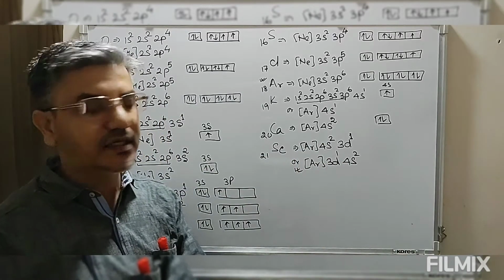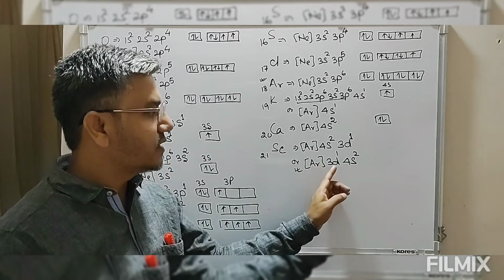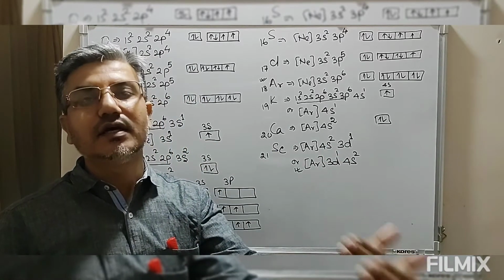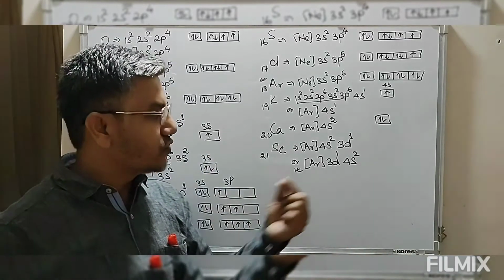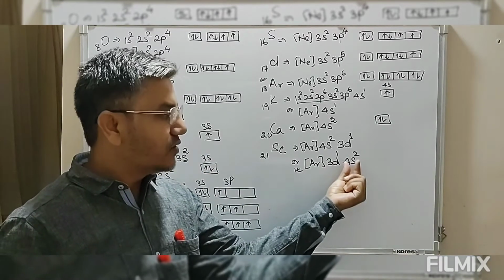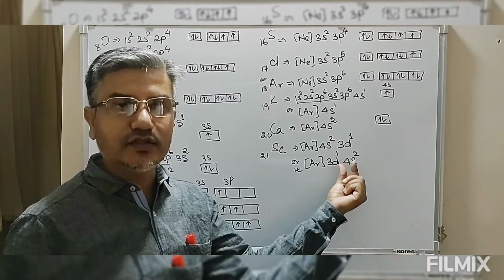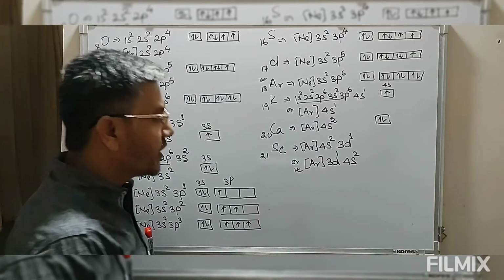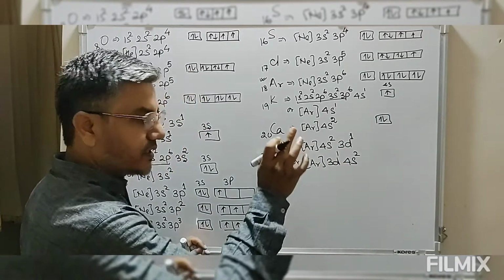This doesn't mean the electron first enters 3d followed by 4s. The electron has to enter according to the Aufbau rule. Out of 3d and 4s, 4s has lower energy, so the electron first enters 4s followed by 3d. We can write the electronic configuration either way.